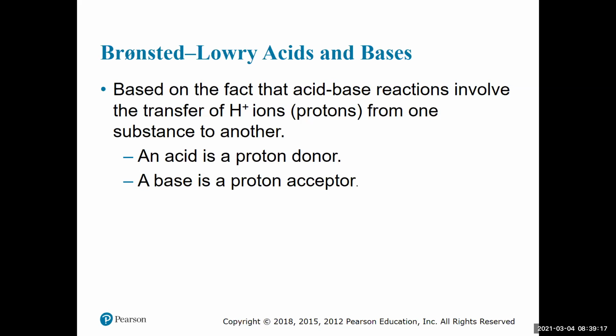So in the Bronsted-Lowry definition, you're talking about how those protons are traveling. They're either being donated or being accepted. An acid is a proton donor, in other words, it gives up a proton. A base is a proton acceptor, in other words, it receives that proton.